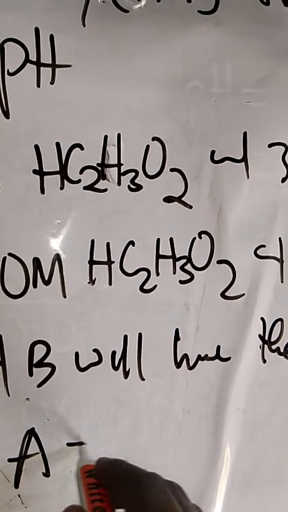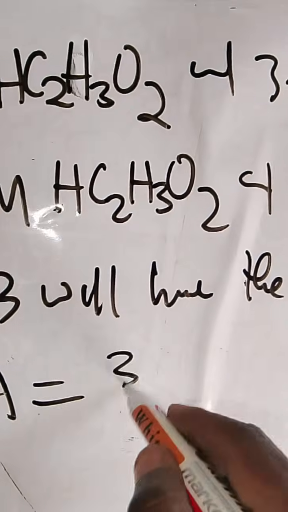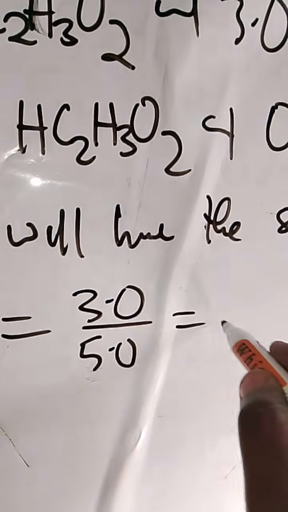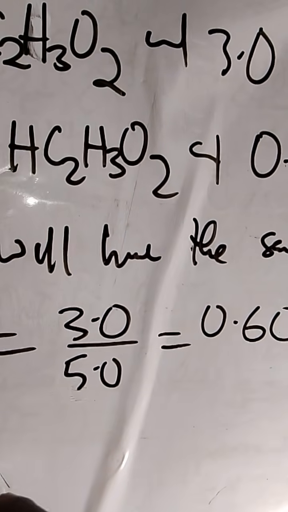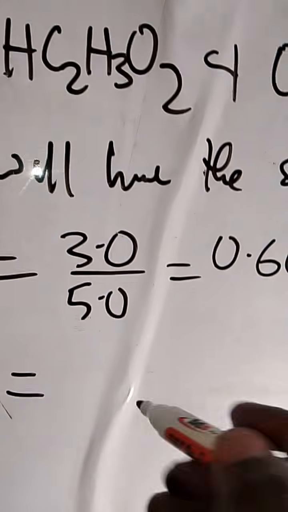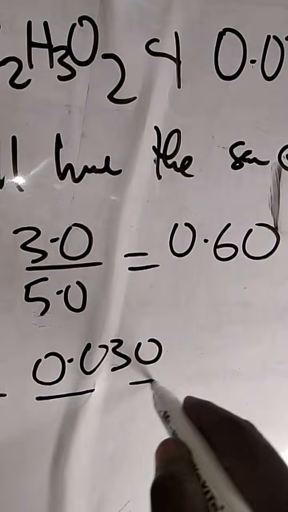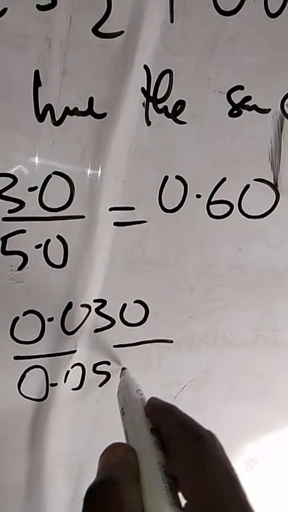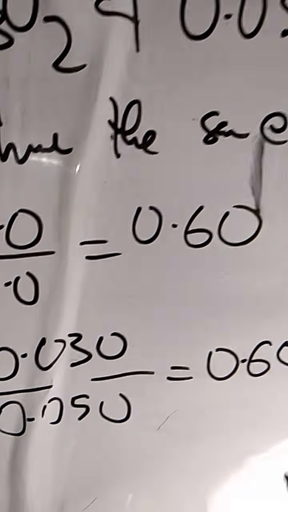For A, the ratio is 3.0 over 5.0, which gives us 0.60. For B, the ratio is 0.030 over 0.050, which also gives us 0.60.